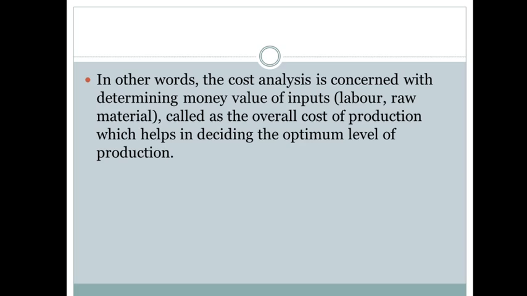In other words, the cost analysis is concerned with determining money value of output, that is labor, raw material, etc., and called as the overall cost of production, which helps in deciding the optimum level of production. Here, while producing any product, we use labor, raw material, land, building, etc. and we pay certain reward or recognition to these factors.